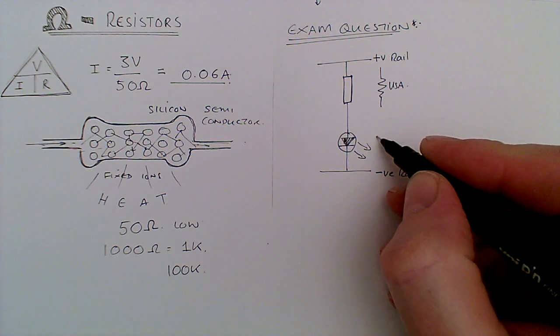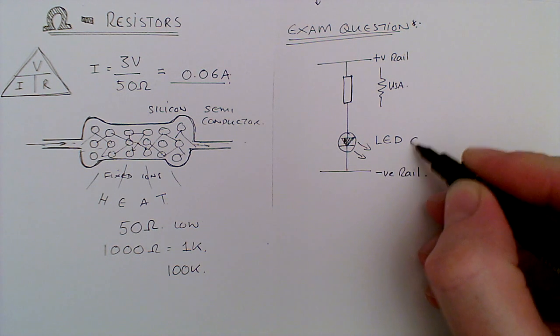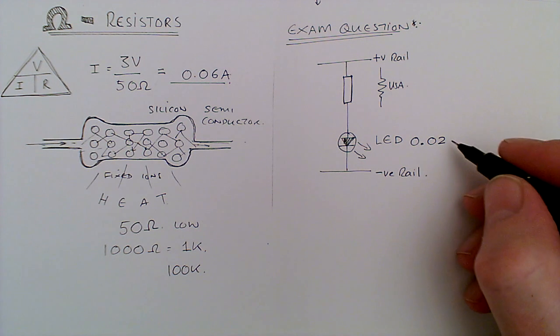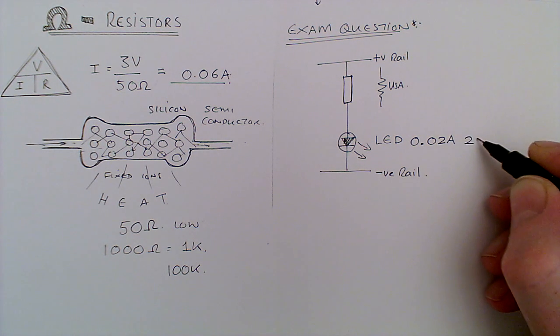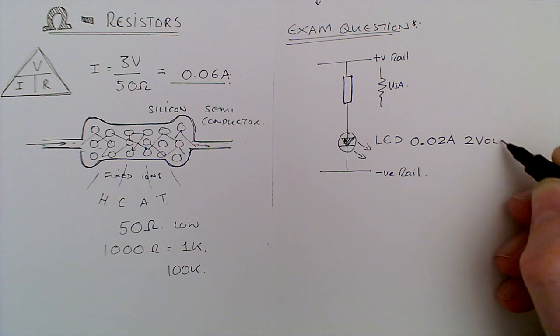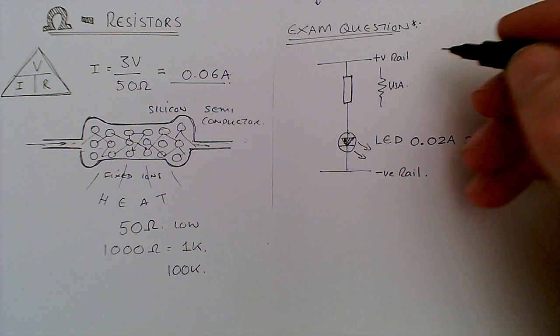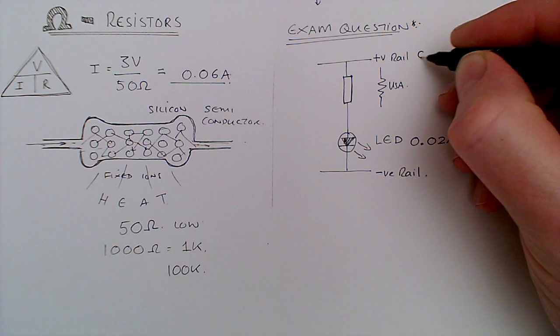So here I've got an LED. Now typically an LED would operate at about 0.02 amps, and it would require about 2 volts. Okay, so imagine we've got a typical square 9-volt battery.